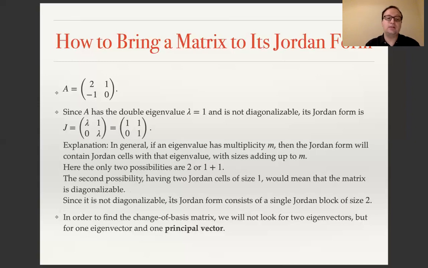Since it is not diagonalizable, then this Jordan form consists of one single Jordan block of size 2, because this is the only other possibility. So this is why in higher dimensions, this is more complicated, because there are more possibilities other than these two.